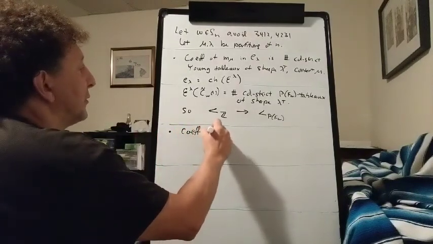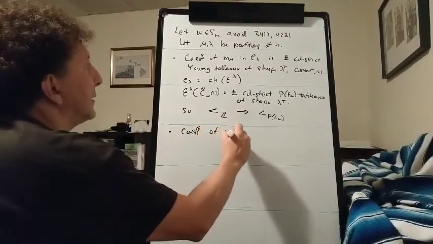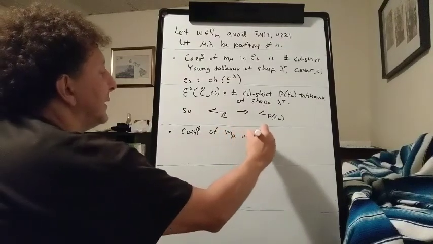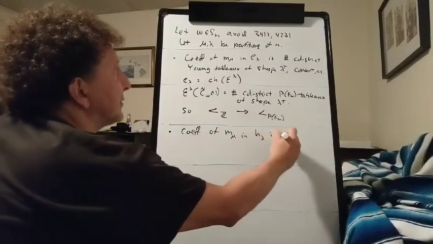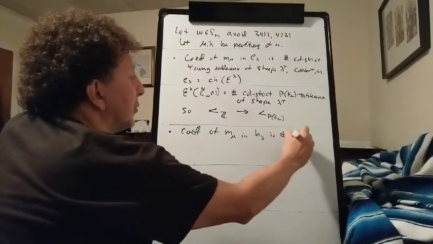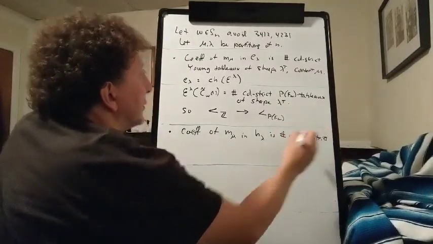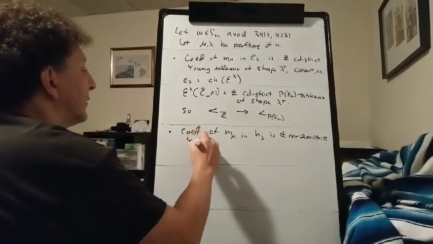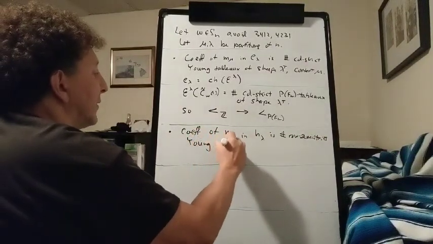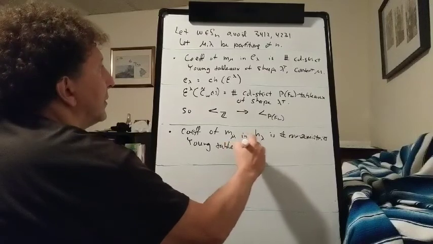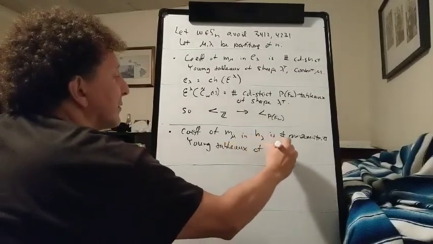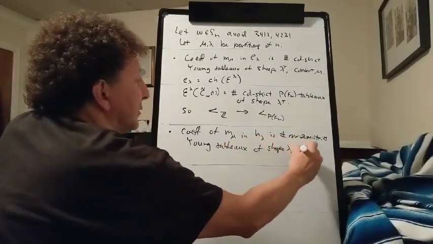Similarly, the coefficient of m_mu in h_lambda is the number of row semi-strict Young tableaux of shape lambda and content mu.